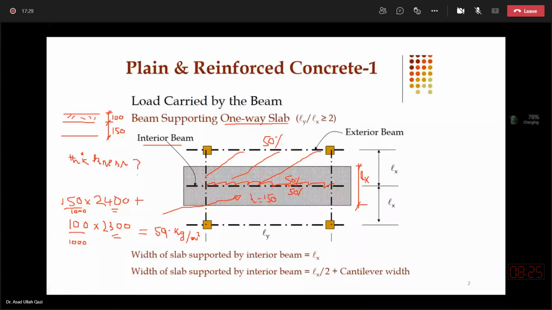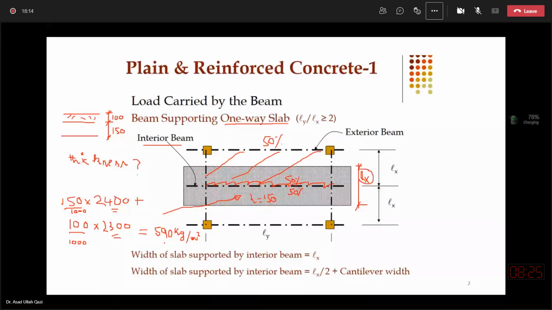And this 590 kg per meter square is, I would say, the service self-weight pressure, which I may assume is present in this hashed area, which is supported by this interior beam. Now, if I multiply this 590 with the transverse dimension of this area, which is Lx, I can get the UDL on this interior beam.